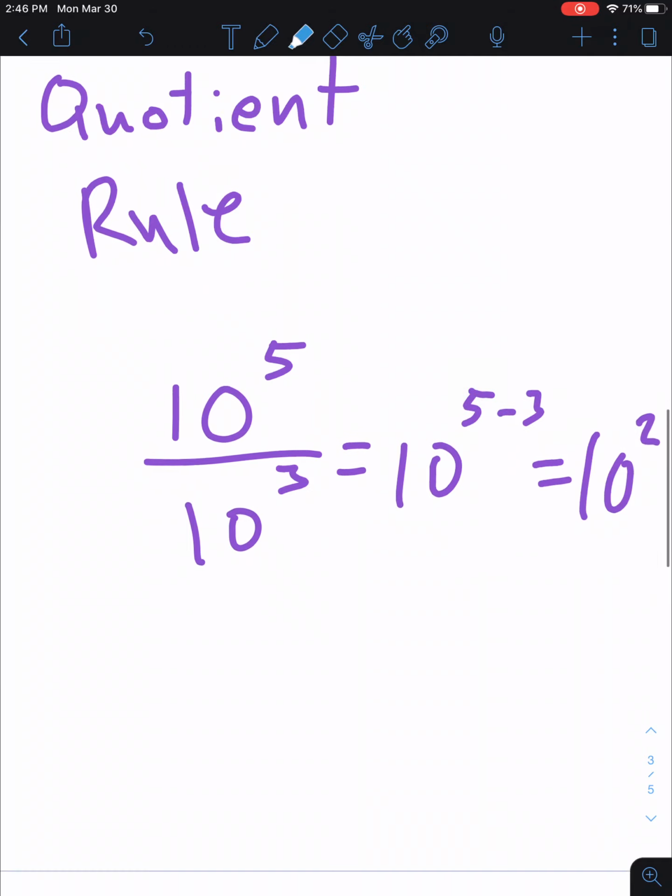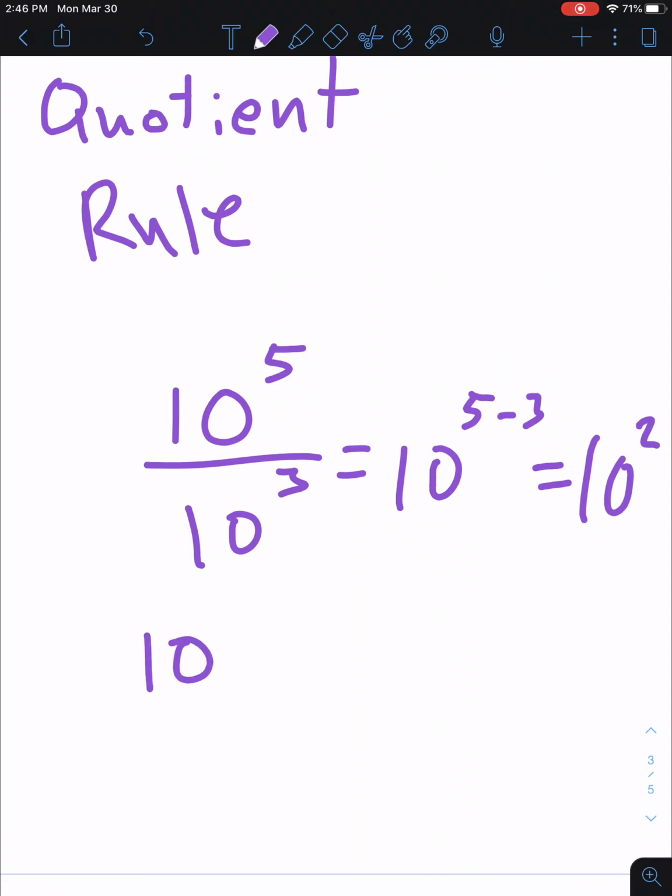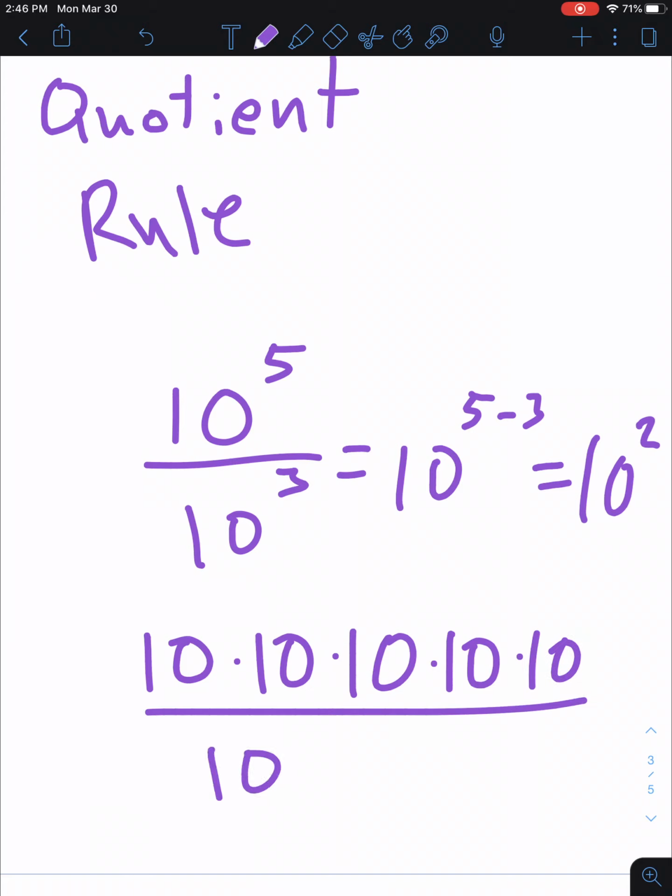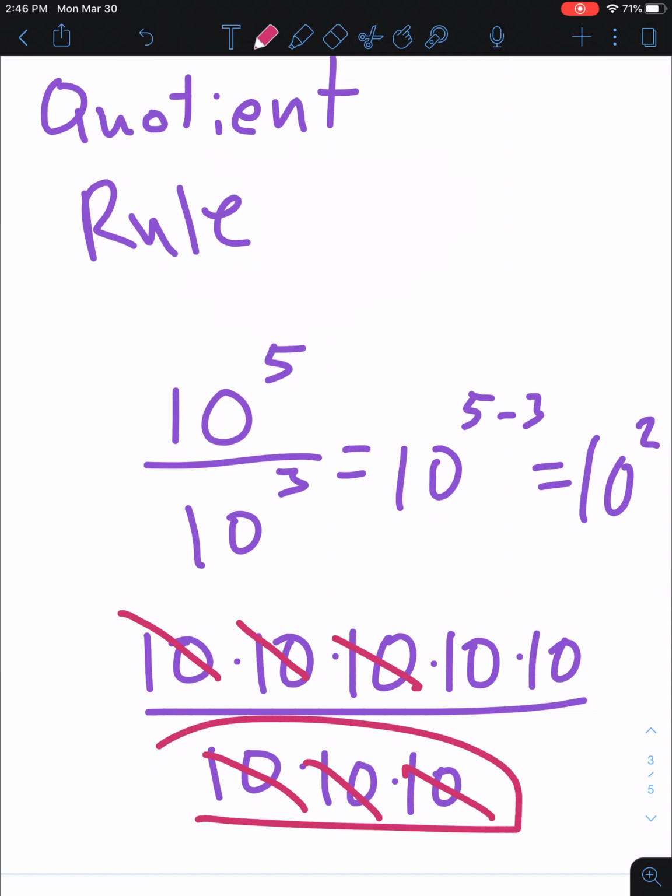And if we were to write this one out, it's a similar kind of thing. When we divide these numbers, we can often cancel things out. So this is the same as saying 10 times 10 times 10 times 10 times 10, 5 times, divided by 10 times 10 times 10. Actually, let me do this with a red pen. If we have the same thing in the top as we do the bottom, we can cross out some of those 10s. We can only cross out 3 of them because there are 3 in the bottom as well as 3 to cross out in the top.